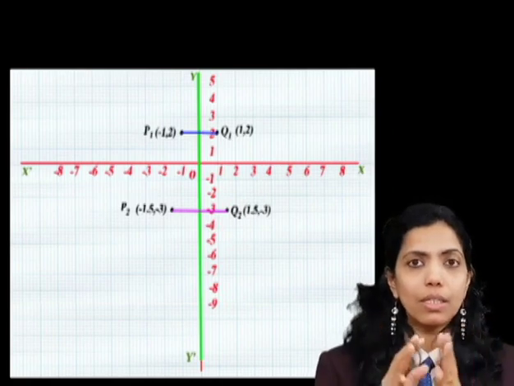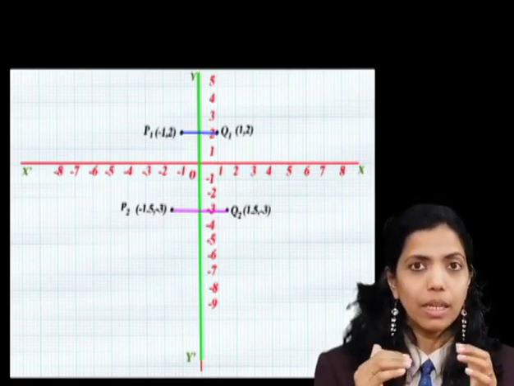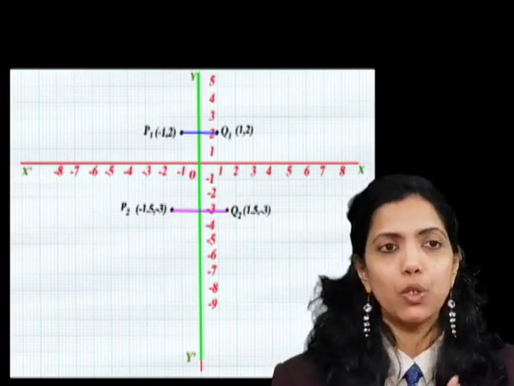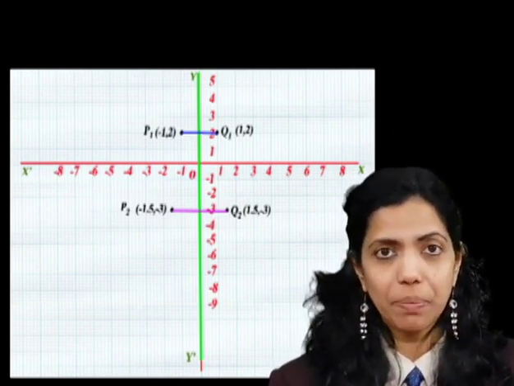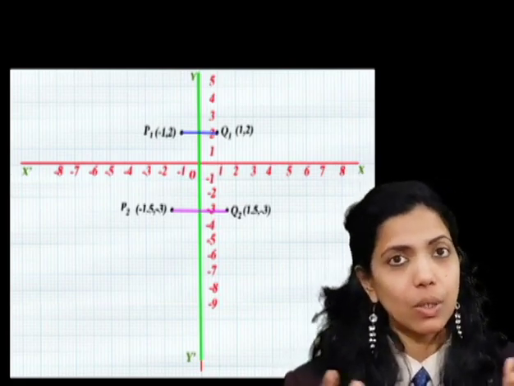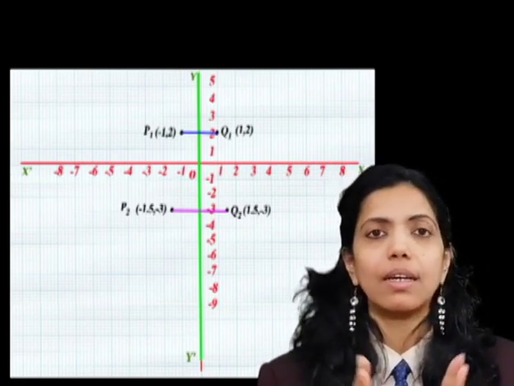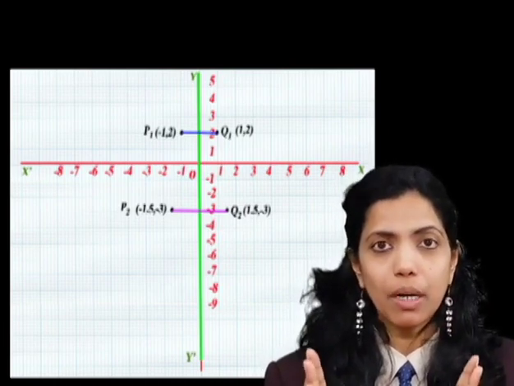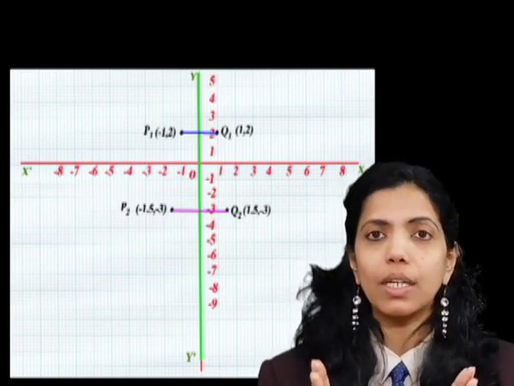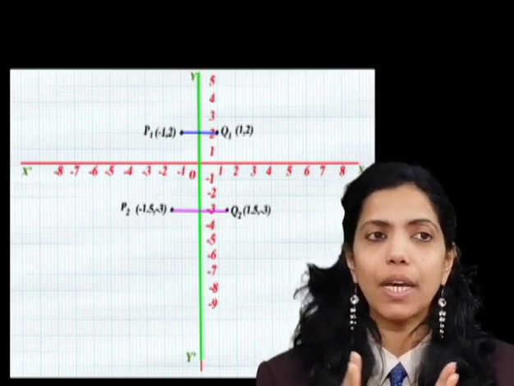Again have a look at the point P1 (minus 1, 2). Change the sign of the x coordinate. So we are getting Q1 as (1, 2). P2 (minus 3 by 2, minus 3): about the y-axis we are going to find the mirror image. So the coordinates will turn as (3 by 2, minus 3), since there is no change for the y coordinate, only change the sign of the x coordinate.